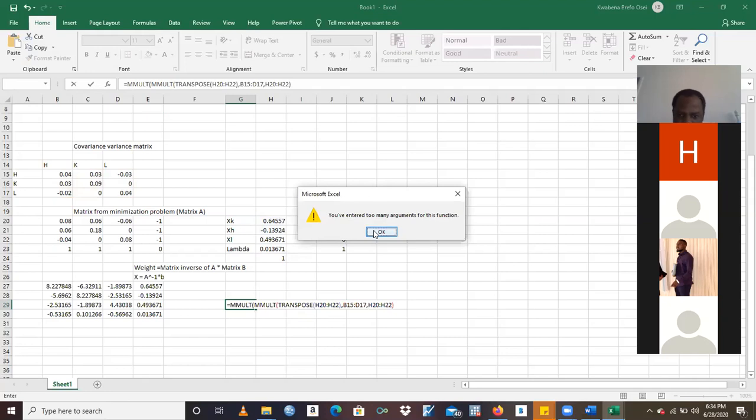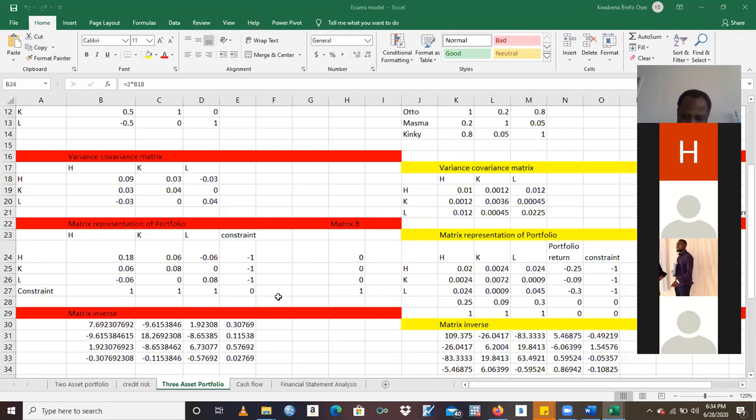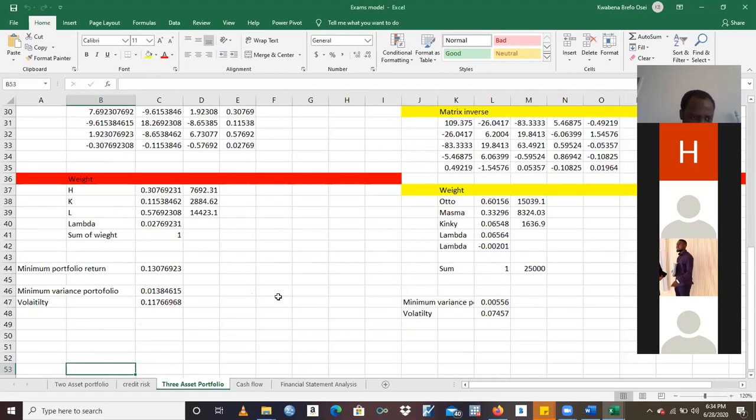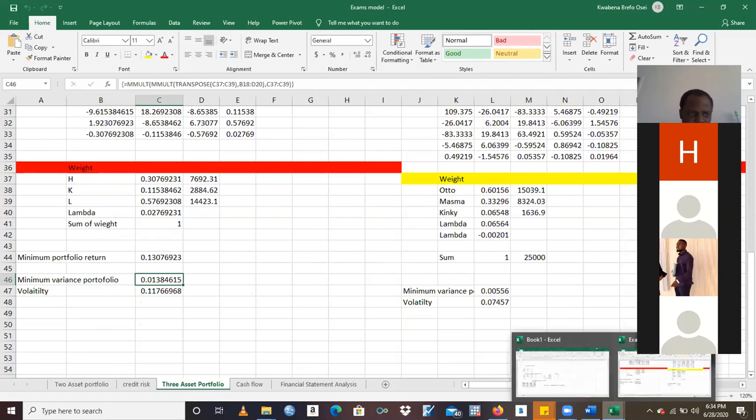No, this argument is wrong. Let me check. I want to be sure. Okay, so multiply, transpose.